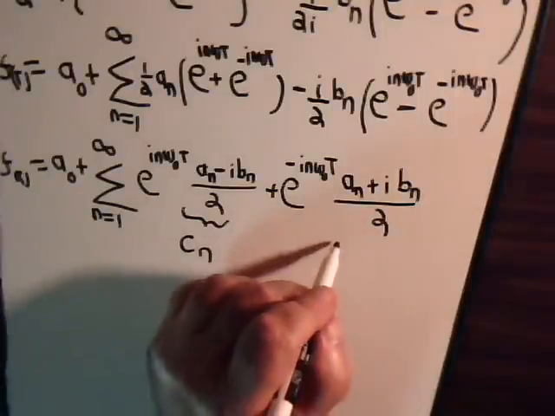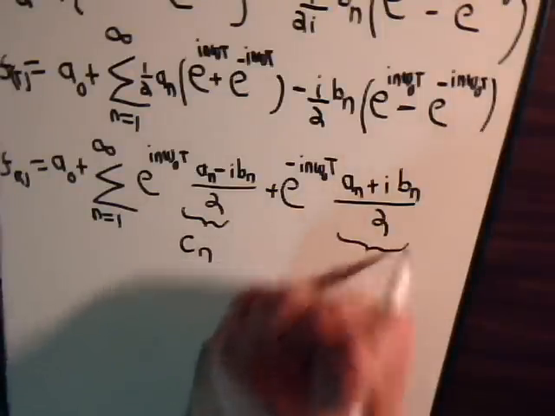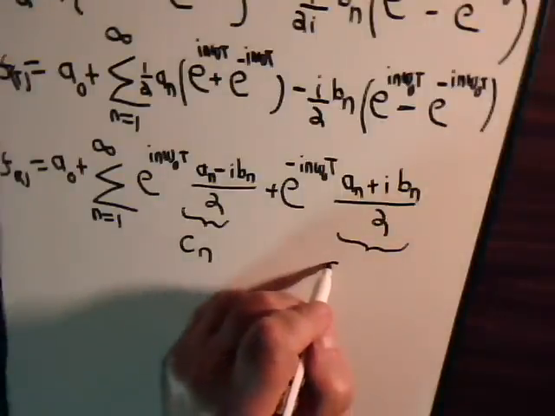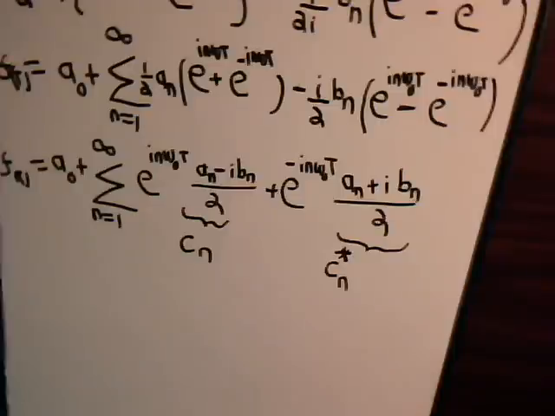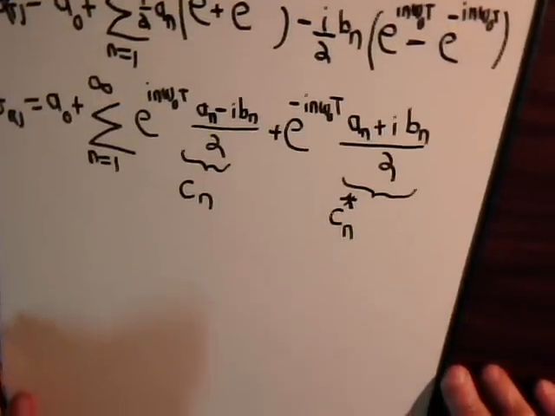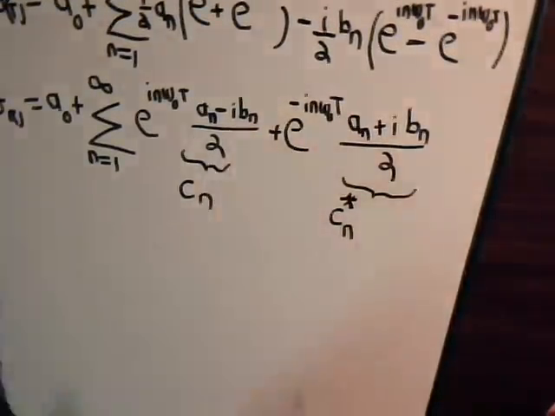Then this would be C n complex conjugate. But there's something more to consider here. Let's just write it down here. C n is this. What is C of minus n?